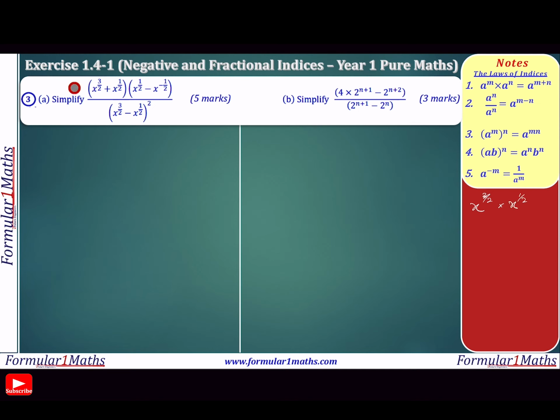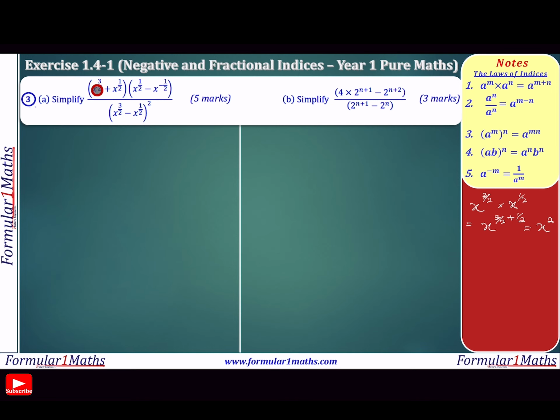So that will be this one times that one. And this is the same as x to the power 3 over 2 plus half, according to rule number 1 here. And this will reduce to x to the power 2, because 3 over 2 plus a half is 4 over 2, which is 2.